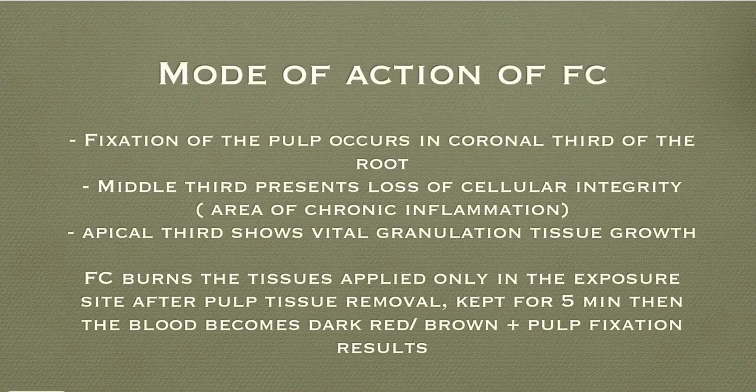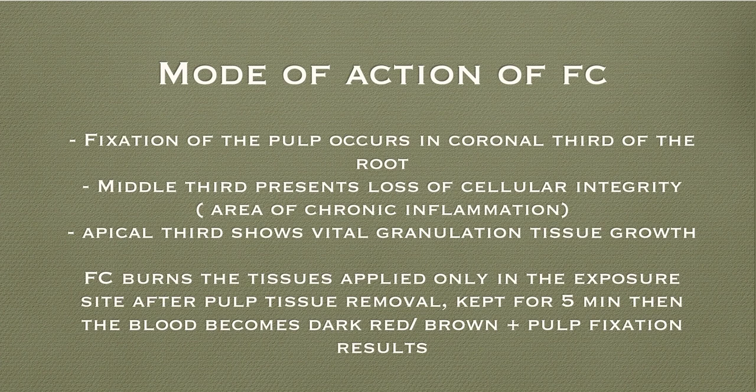The mode of action of formocresol is that it fixates the pulp. The coronal third of the root is fixed, the middle third presents loss of cellular integrity, and the apical third shows vital granulation tissue growth.